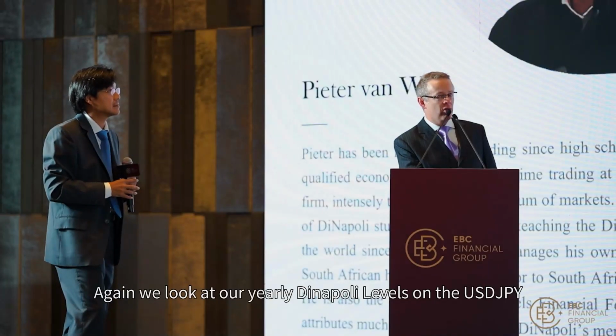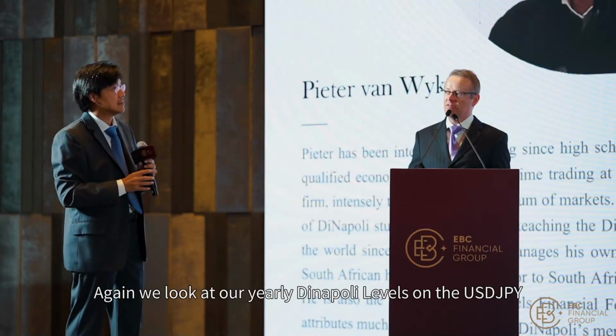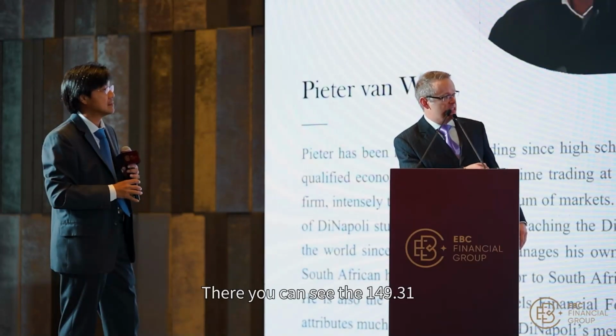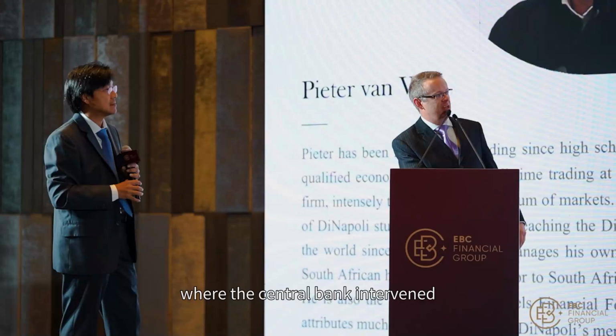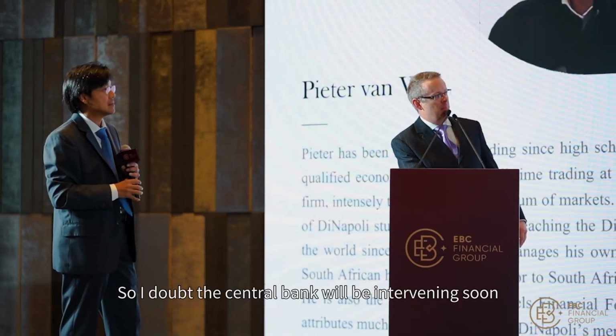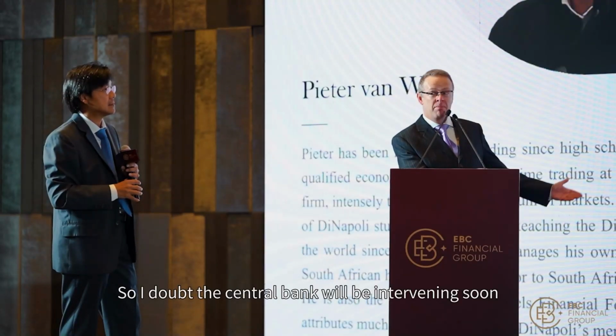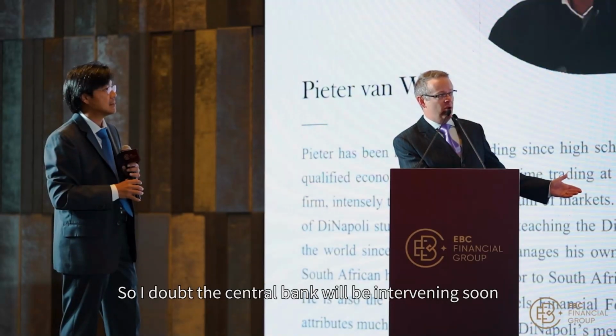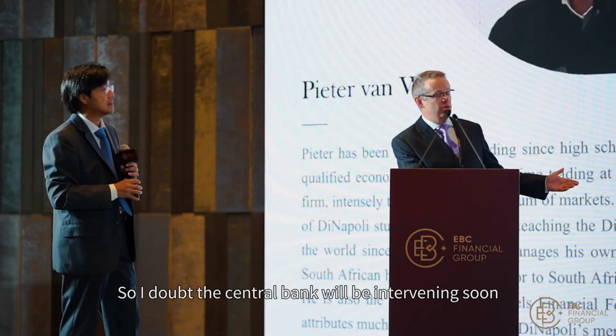Again, we look at our yearly DiNapoli levels on the dollar yen. There you can see the 149.31 where the central bank intervened. You see that level. But we're above that now. So I doubt the central bank will be intervening soon.